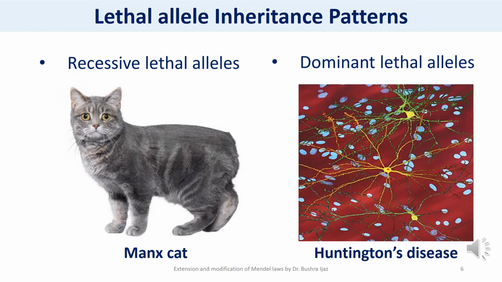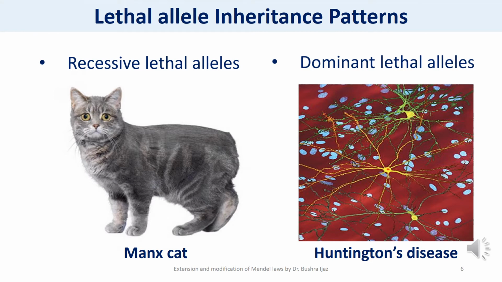Because this gene is essential, these individuals might fail to develop after fertilization, and they may also die in utero, or they may die later in their life, depending on what life stage requires that particular gene. The inheritance pattern in which an allele is only lethal in the homozygous form and in which the heterozygote may be normal or have some altered non-lethal phenotype is called the recessive lethal allele.